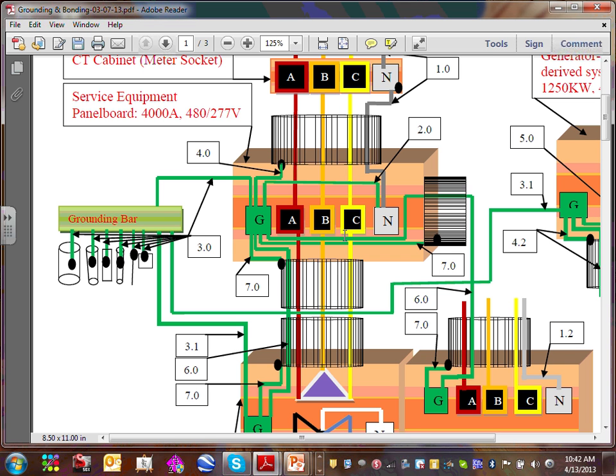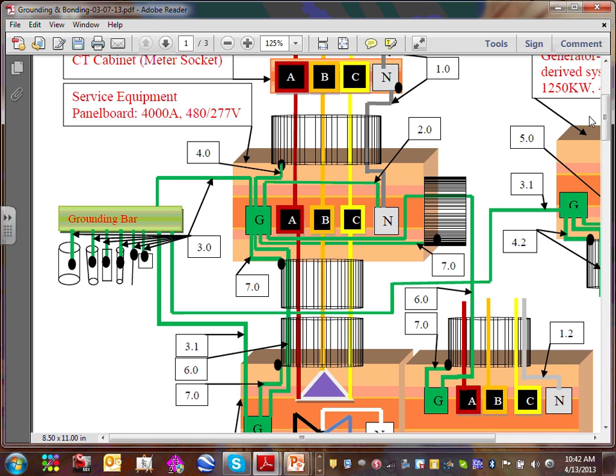Everything else stays the same, sizing, no difference. And of course, neutral. I forgot to mention, if it's a delta-delta, do you have a neutral? All your neutrals disappear, and of course, your main bonding jumper, or system bonding jumper on the separately derived side, will disappear.